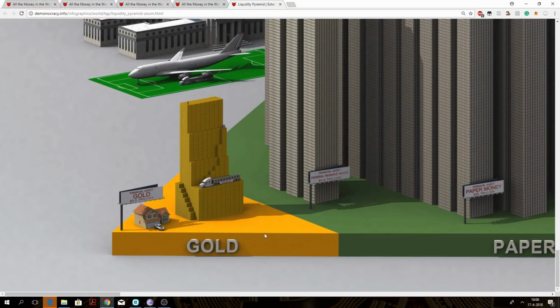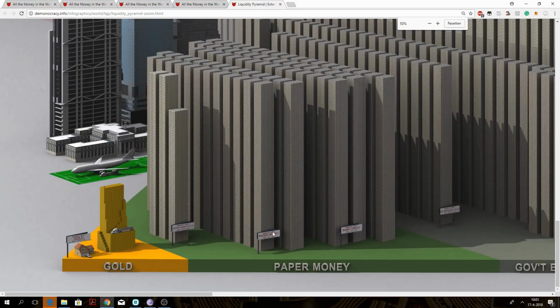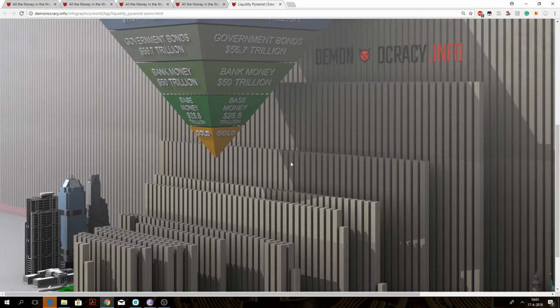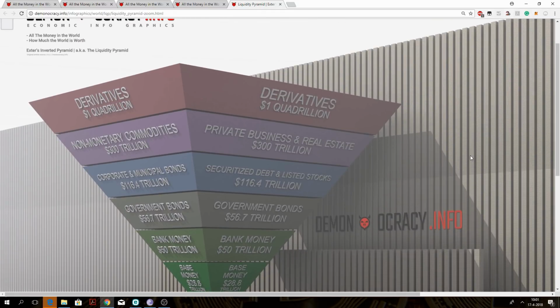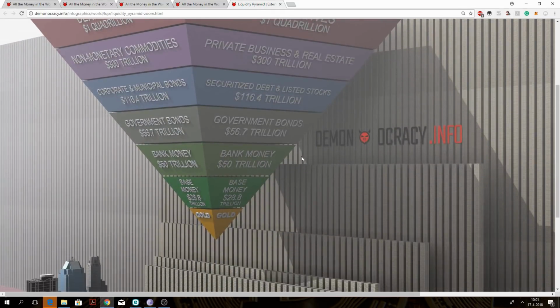After that, you've got gold, then you have your Federal Reserve notes and paper money. So this actually visualizes all the money in the world. And then you have all your high risk financial nonsense, which doesn't make any sense. That's why I like to visualize this.